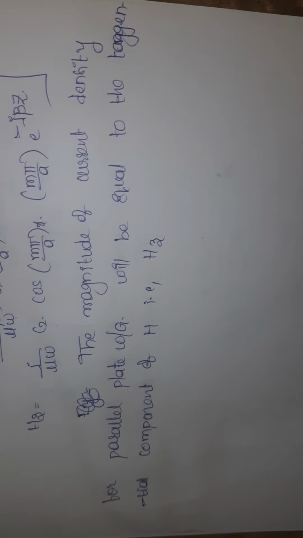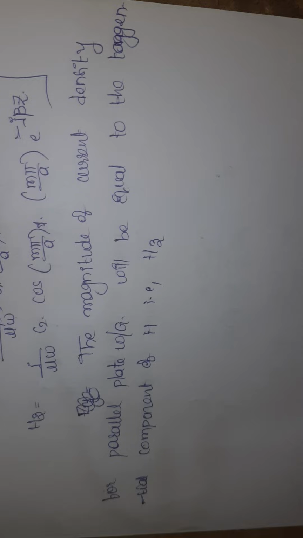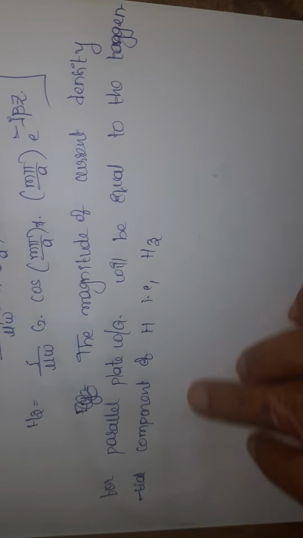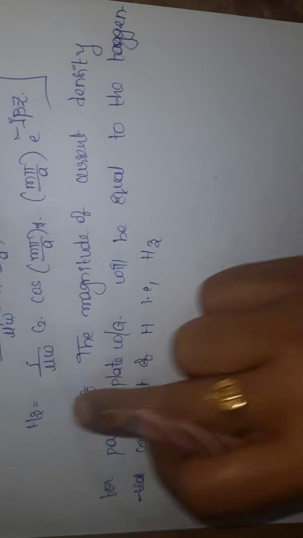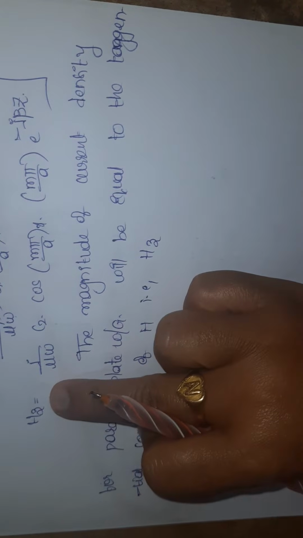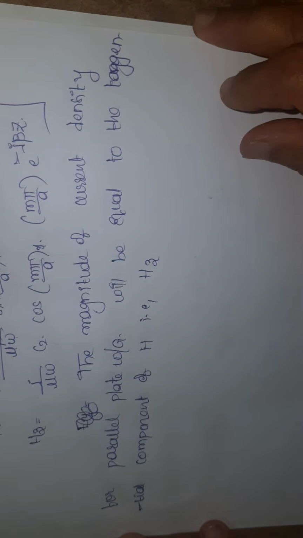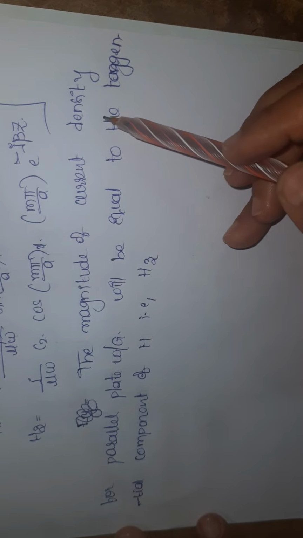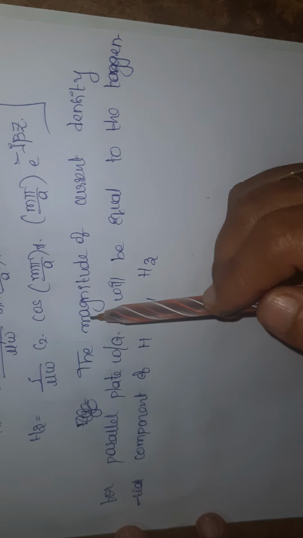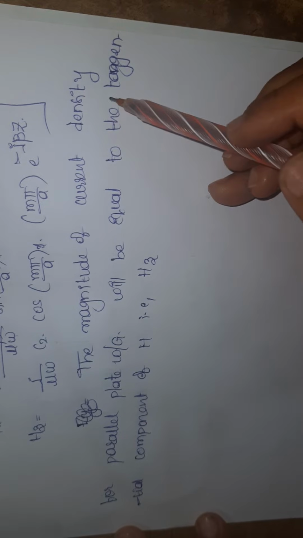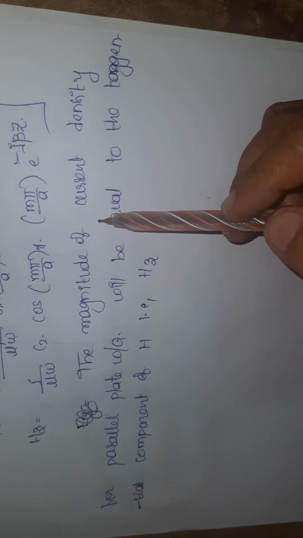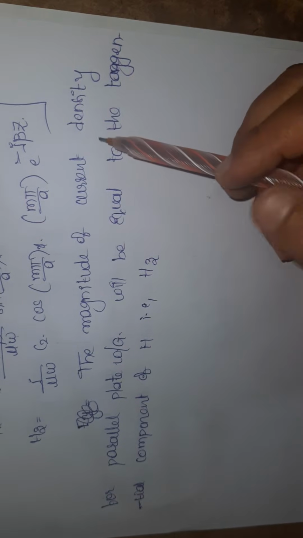Always, the magnitude of current density for the parallel plate waveguide in TE waves will be equal to the tangential component of magnetic field intensity. So here the tangential component of magnetic field intensity is Hz, that is nothing but along the propagation. The electromagnetic wave is propagating along the z direction, so that component we have to consider, and that is the magnitude of current density.